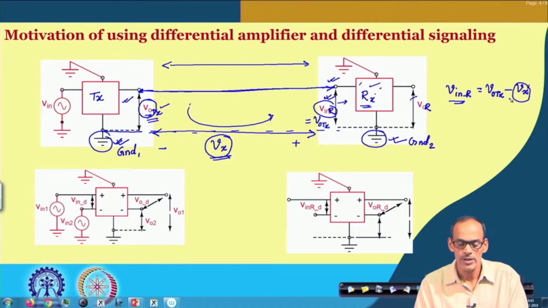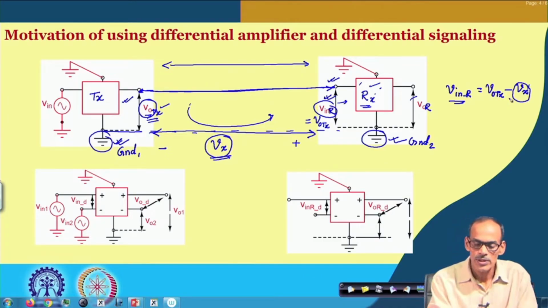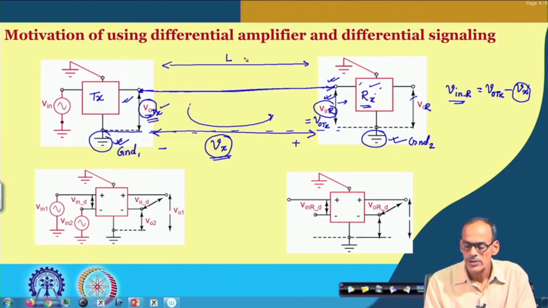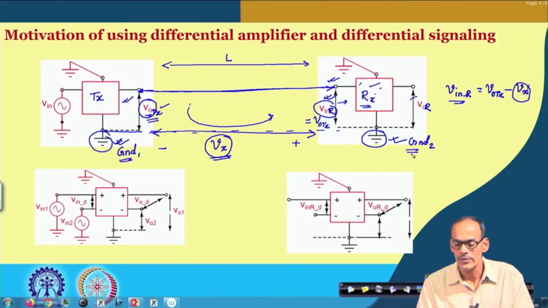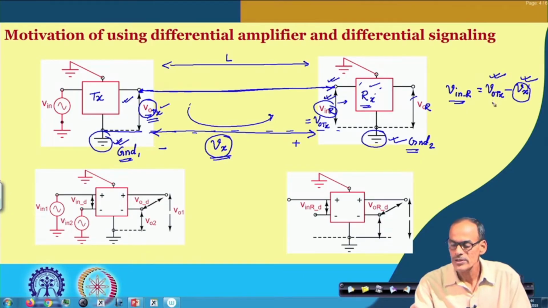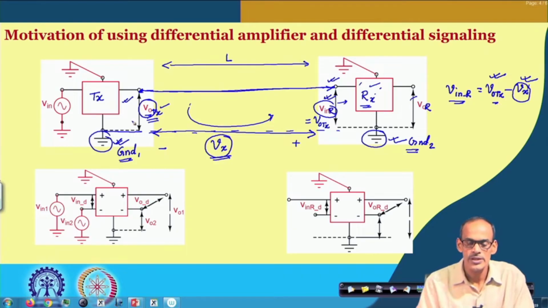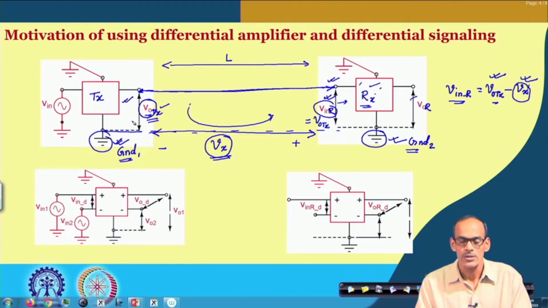It may be referred to as ground noise or ground difference. Many times, depending on this length, depending on this spacing, the difference of these two ground voltages may be quite large, and there may even be practical cases where this ground difference is comparable with the transmitted signal, if not higher.